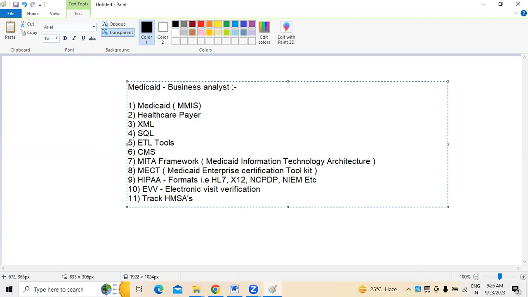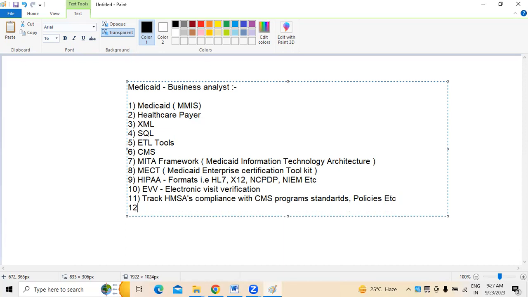So track the HMSAs, right? At the same time, we need knowledge of compliance with CMS, the kind of program standards followed by the policies, etc. These are all required in reference to the healthcare part.